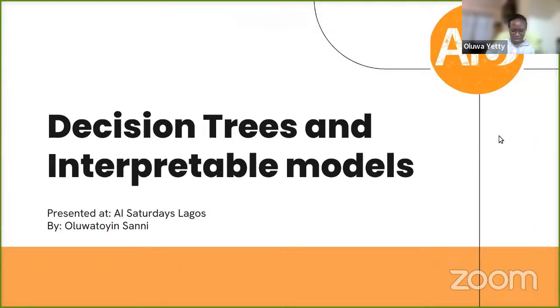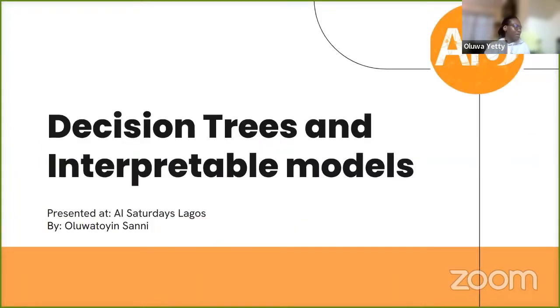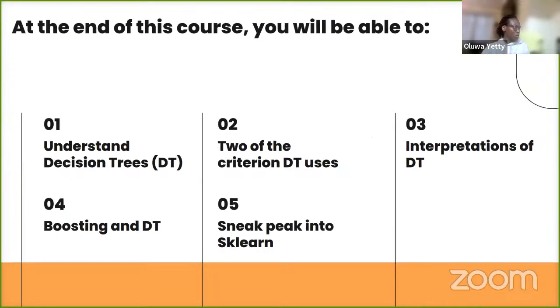All right. So today we're going to talk about decision trees, what they're about, and interpretable models, and how you can interpret decision trees. There are some things that we are going to be seeing during the course of this workshop, but at the end of it, you will understand what decision trees are.